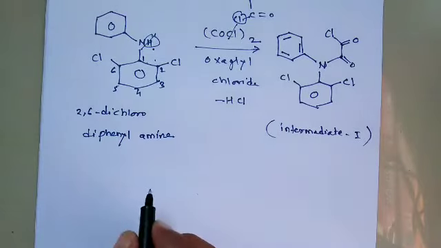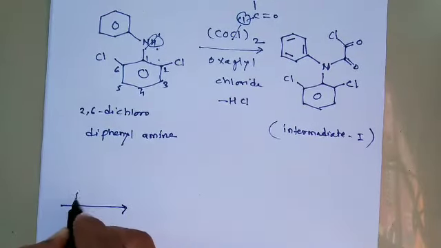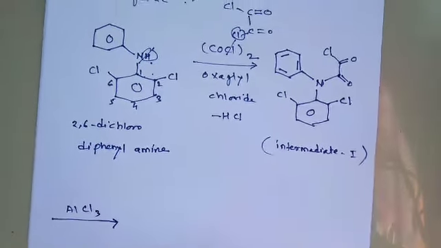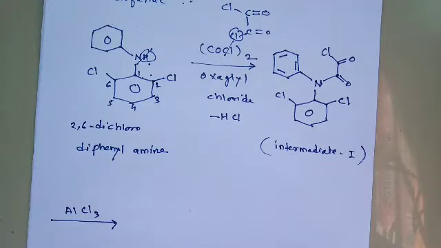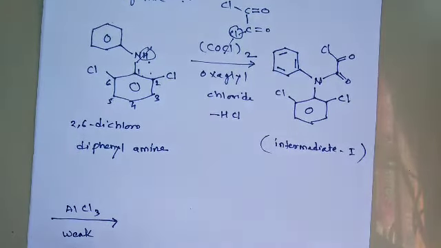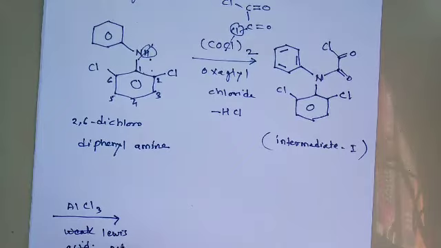Okay, then this first intermediate is in the presence of aluminum trichloride. This is a weak acid or Lewis acid. You can say it is a Lewis acid.